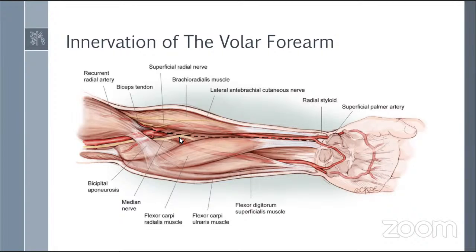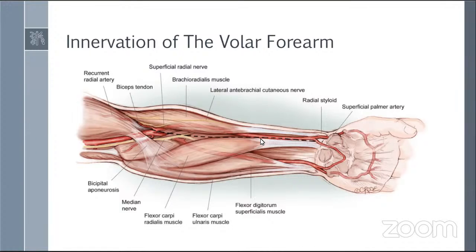The 2 branches are the 2 extents of your dissection. First is the recurrent radial artery, which is the proximal one, and distally you have the branch that goes to the superficial palmar artery.